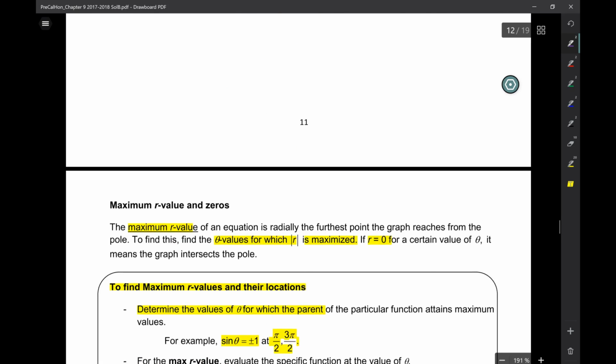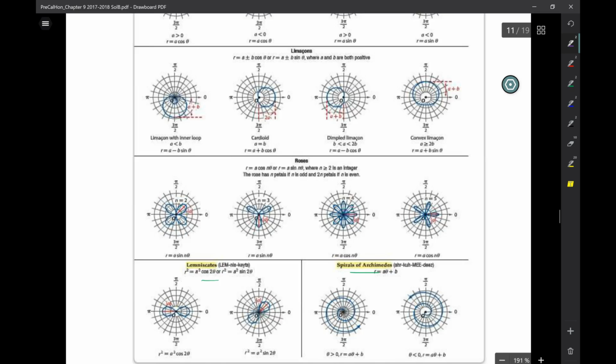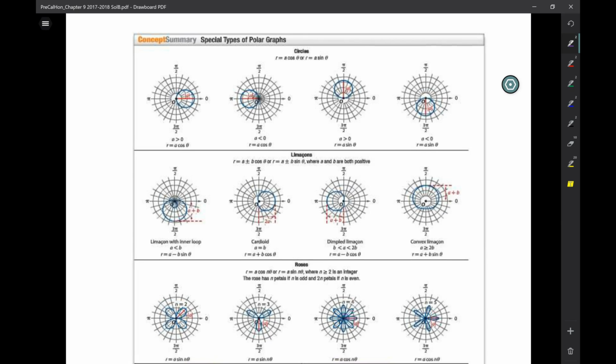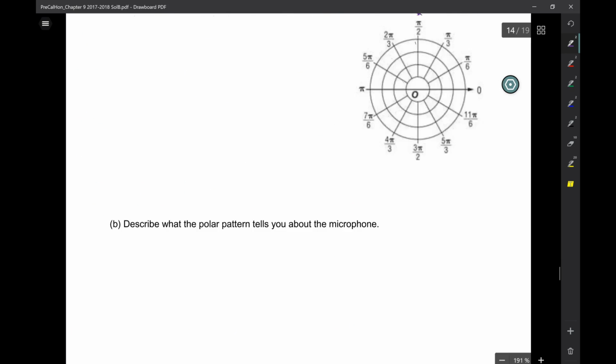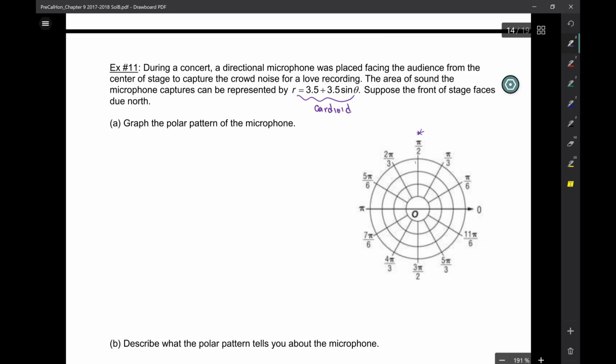So our cardioid, right? The maximum distance is going to be a what? Here. 2A. Right? So that's going to be a 7. Okay? And now this is a sine.